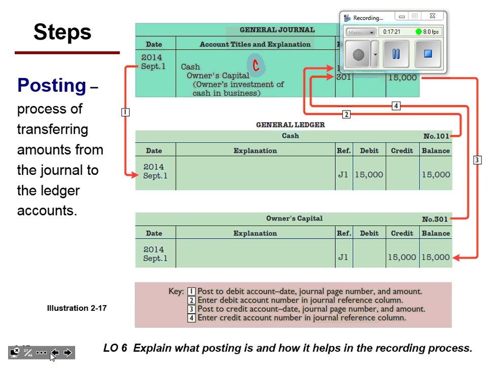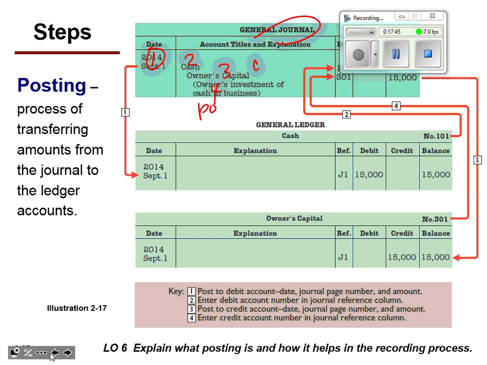Now this looks ultra complicated. It's not. It's just little tiny baby versions of what I just showed you. So if there was a journal entry that said, owner invests $15,000 in the business, it's a debit to cash. So I'm going to date, I'm going to debit, I'm going to credit, I'm going to explain.